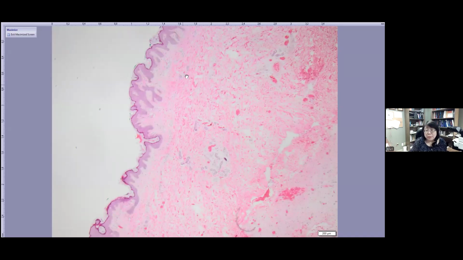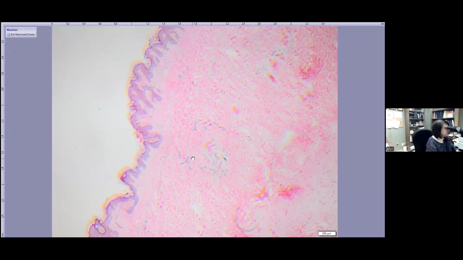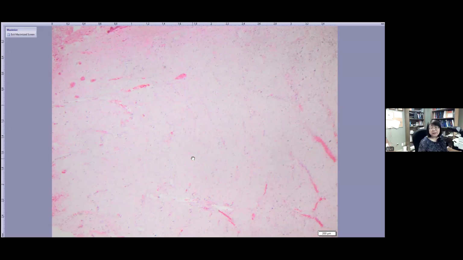So this is skin. So epidermis looks normal. Superficial dermis in this slide looks relatively normal. You continue moving. So in the deep dermis, there is some spindle cell proliferation here. That's a low power view.